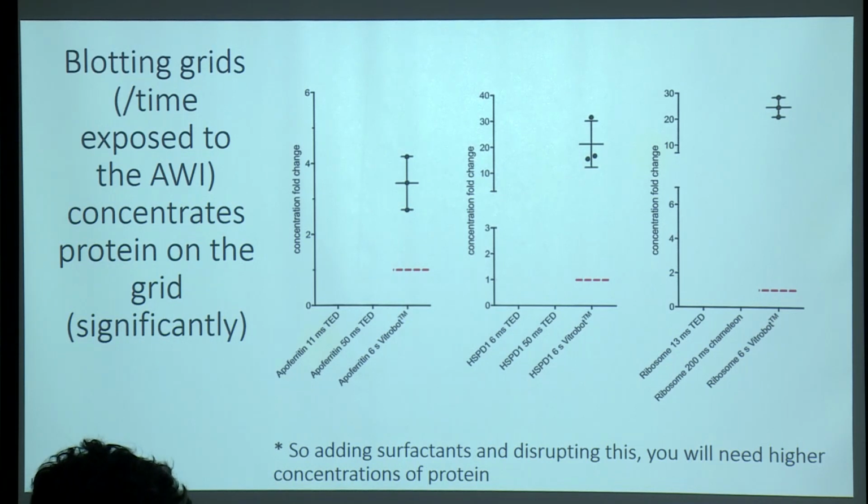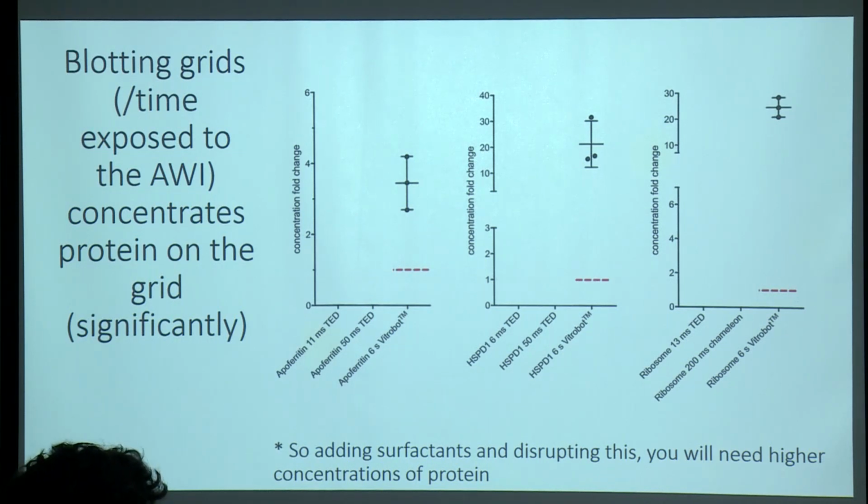So if we have a look at the Vitrobot to start off with, so this is just your traditional technique for preparing your grids, we can see compared to this red line here, which is our predicted number of particles we would expect to find in the thin film environment, we actually get a huge concentration increase with our protein.